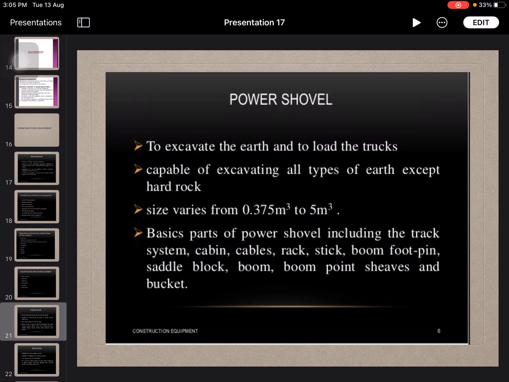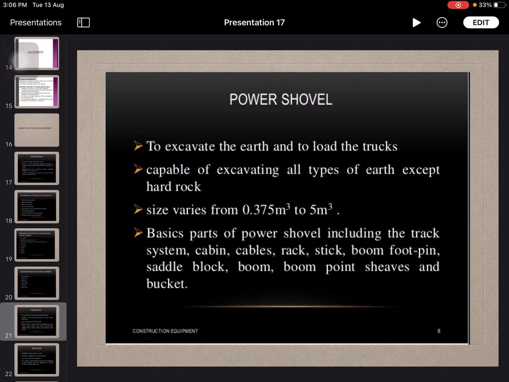When we take the power shovel, it will excavate the earth and load it into the trucks. It is capable of moving all types of earth, including hard rock, and its capacity varies from 0.375 to 5 meter cube.